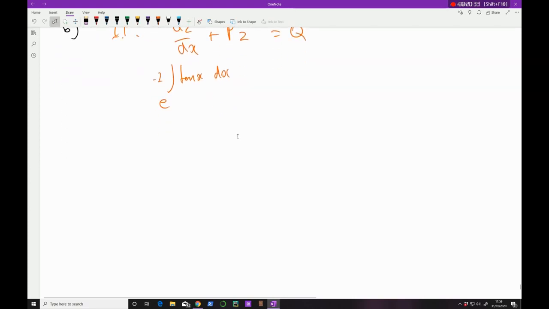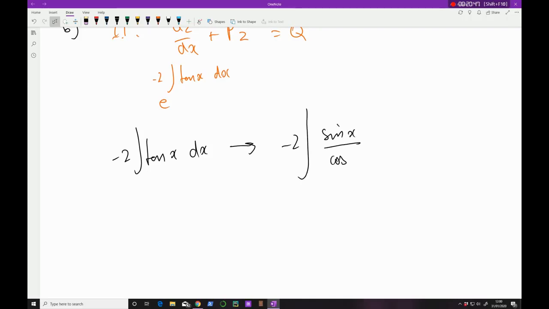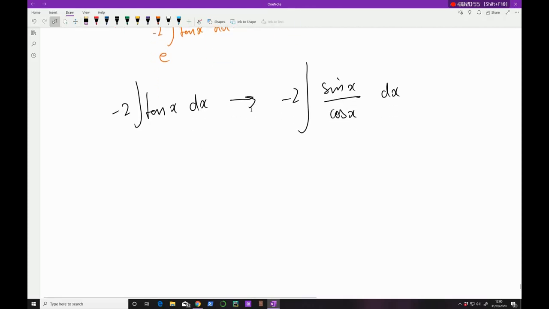Now I'm going to step out and just focus on the integral by itself, and I'm going to turn that into sine x over cos x dx. So this is integration via substitution, and I'm going to make my substitution u equal to cos x. And to get rid of this dx, I'm going to do du by dx equals minus sine x.